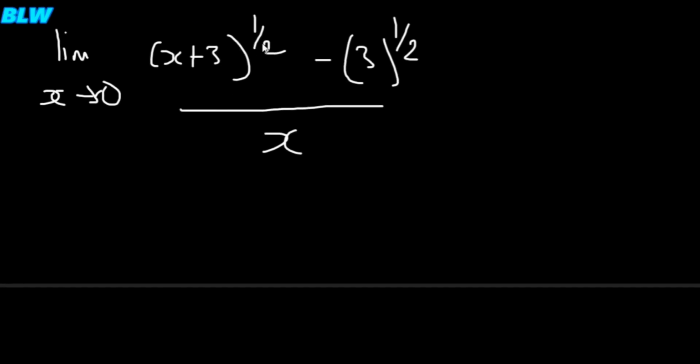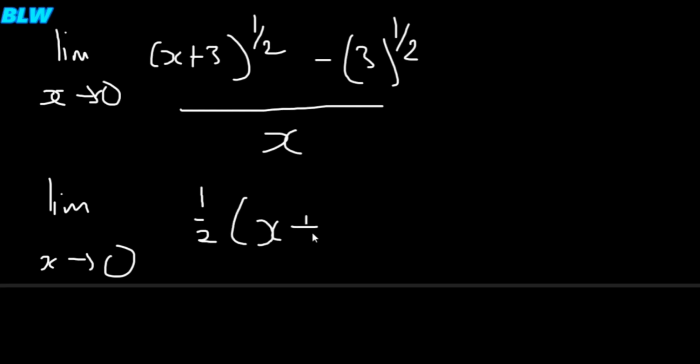Since you're able to write it in this way, the limit as x approaches 0 now becomes: we bring this half in front, so I have 1 over 2 times (x plus 3) to the power minus half, because you subtract 1 from half and get minus half. Then this will give us 0 because 3 to the power half is a constant.